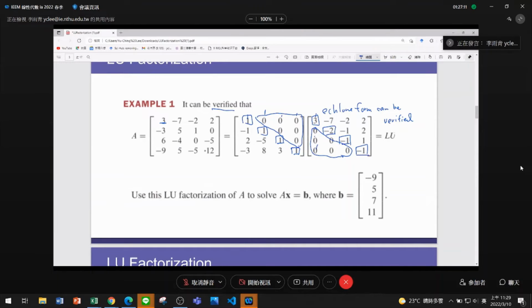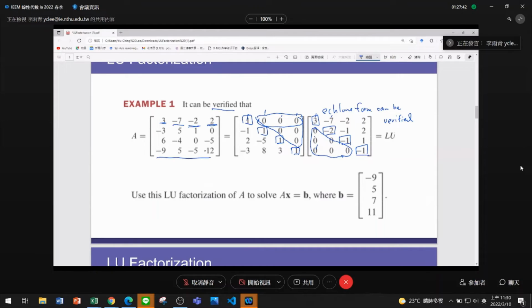For the second entry, that's 1 times -7 and then zeros, so that's -7. For the third and fourth, because all the values here are 0, we get -2 and -2. So we can quickly check that the product is equal to matrix A.